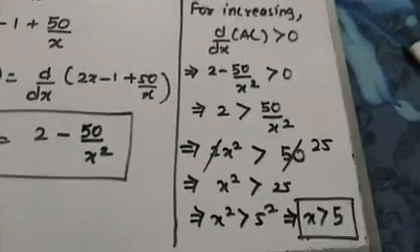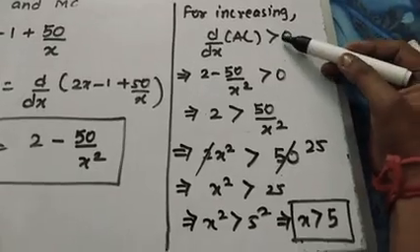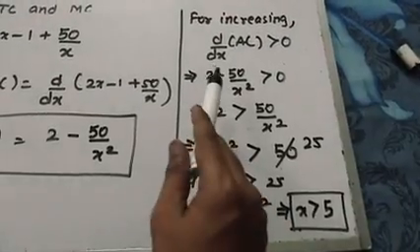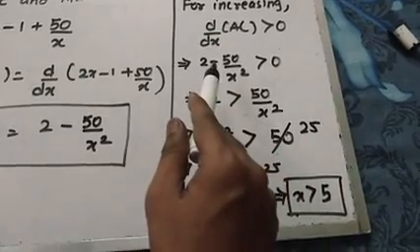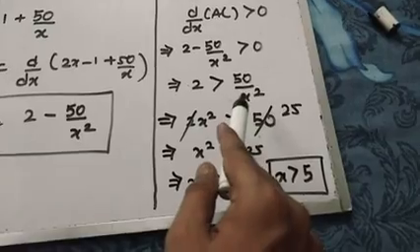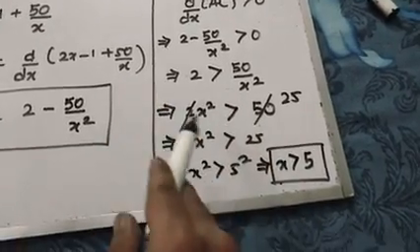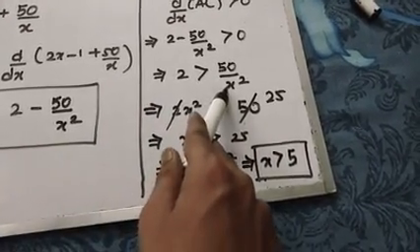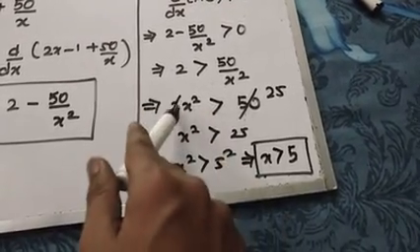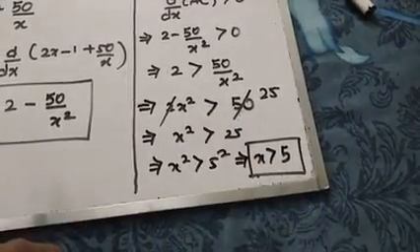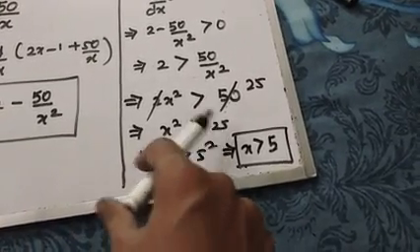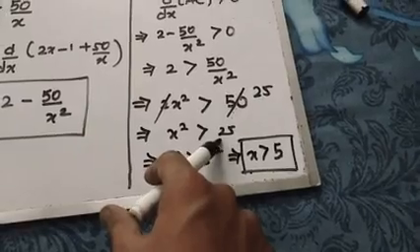Clear what we have done? See again. First, the first derivative of average cost is greater than 0. Putting in that value and taking the minus part to the other side, 2 is greater than 50 by x square. Cross multiplying, x square goes from the denominator to the numerator: 2x square is greater than 50. Now 2 cancels with 50 to give 25, so x square is greater than 25. Here two values are coming, 5 and minus 5.